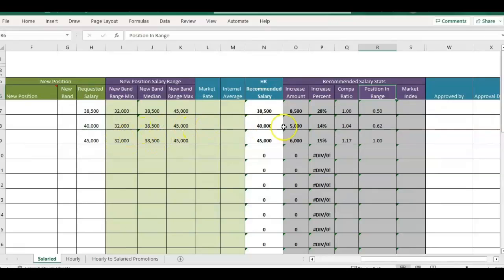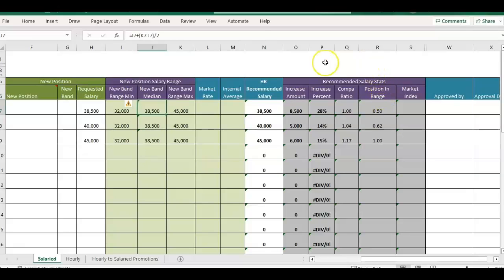So you'll see these different numbers here, and really it's the same thing. So this person requested salary at 38.5, which is the midpoint of the salary range. So we're going to get a 1.0 for compa ratio, and position and range is a 0.5 or 50%.